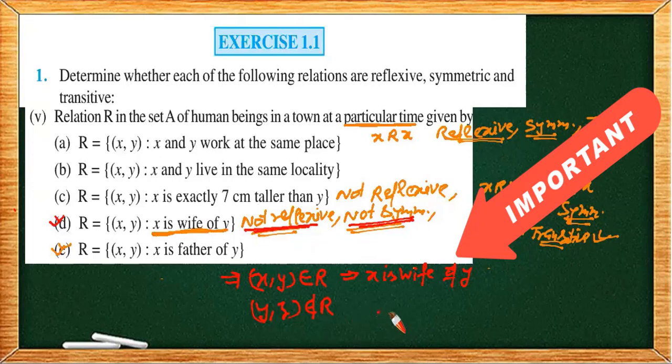Therefore, transitivity is not applicable here. So we cannot say that this relation is not transitive. So by assumption, we assume R is transitive, as the prerequisite for transitivity isn't fulfilled.